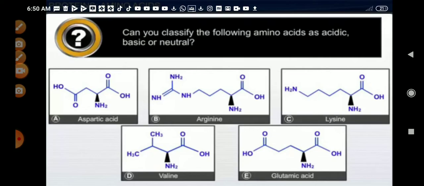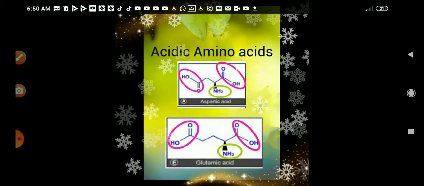Let us take the first case. Take a molecule, make a circle for the acidic group. Here I have made a red or pink circle for the acidic group and a green circle for NH2. Now in the first molecule, there are 2 COOH groups and 1 NH2 group.